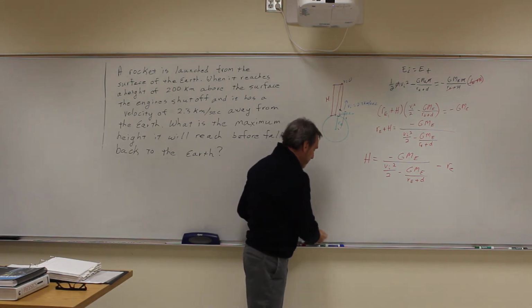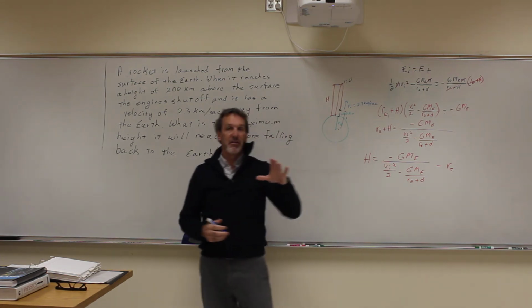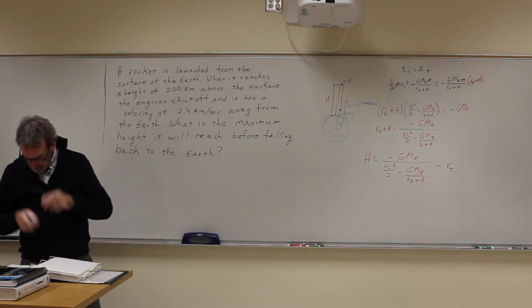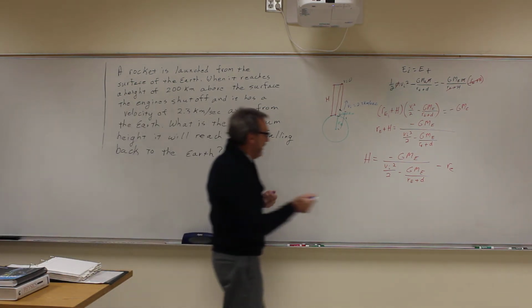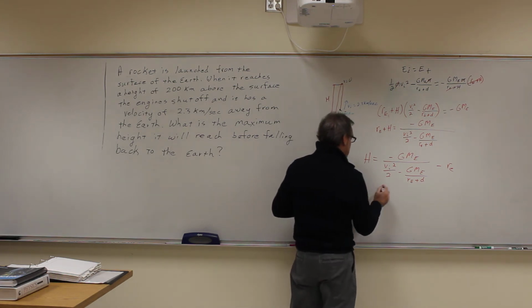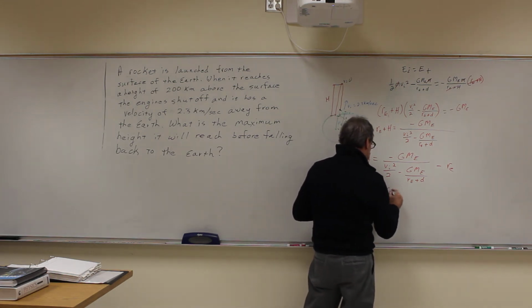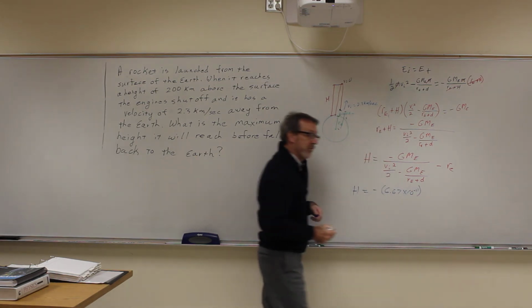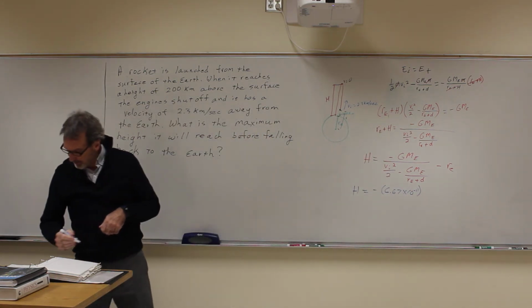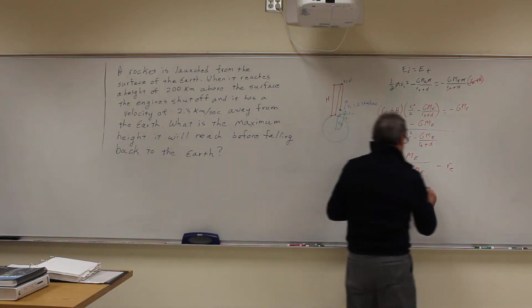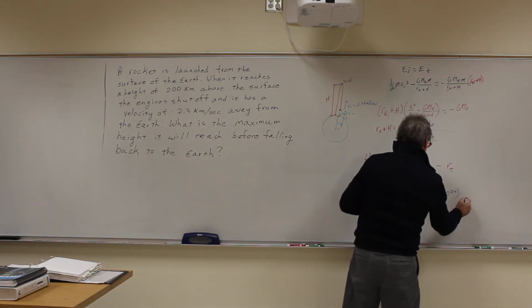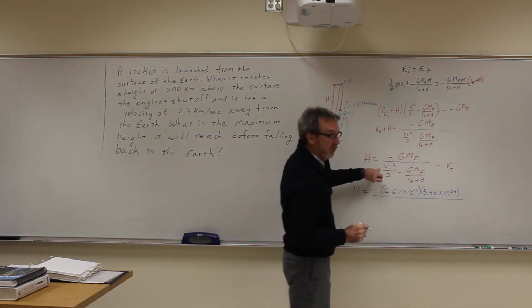So the easiest thing to do at this point is just to plug it all in and let your calculator sort all that out. So remember, you can look up the values, but G, this is going to be minus, and G is 6.67 times 10 to the minus 11. That's just a constant. The mass of the Earth is a constant, that's 5.98 times 10 to the 24th kilograms. We've got to make sure we're in MKS units.